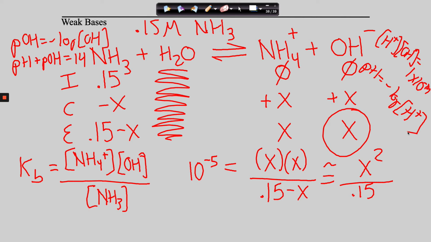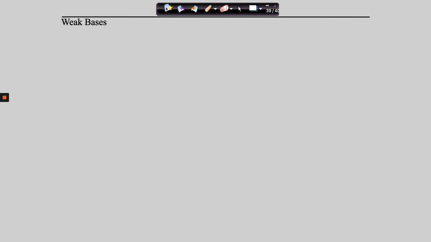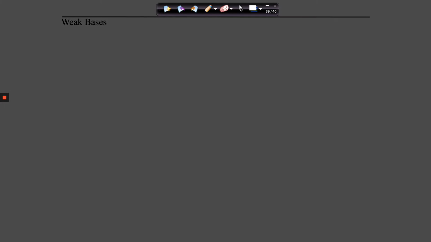Okay, one last thing to wrap up the day, one last equation to talk about, and we're done. Because guys, this brings up sort of an interesting idea. We've now talked about how do we deal with weak acids, how do we deal with weak bases. But guys, bringing those 2 ideas together brings us to an interesting intersection.